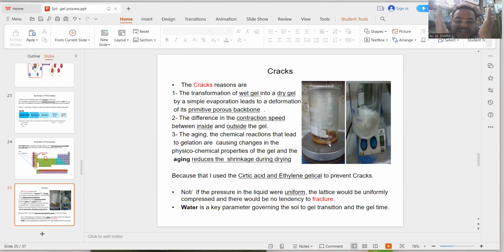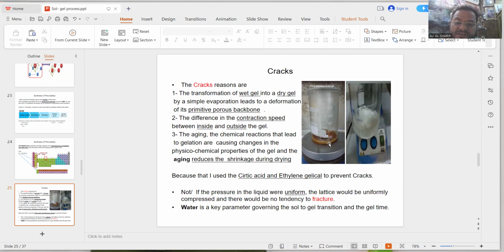The gelation is a change in the physical and chemical properties of the gel, and the aging reduces the shrinkage during drying. Because of that, I used citric acid and ethylene glycol to prevent the cracks and to produce good products.